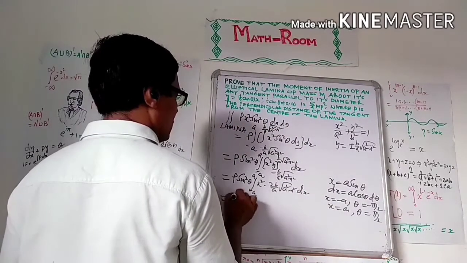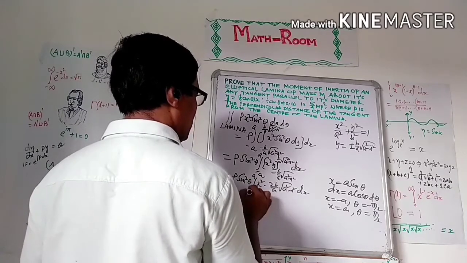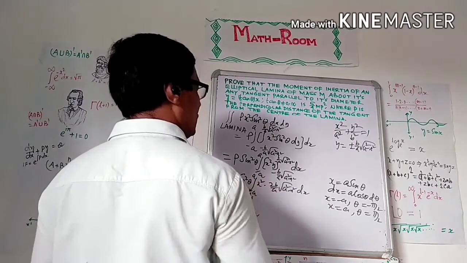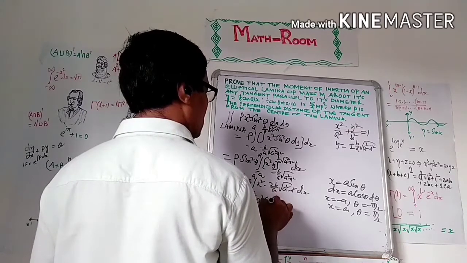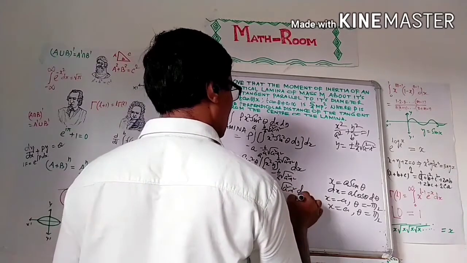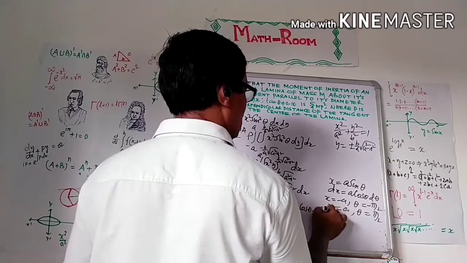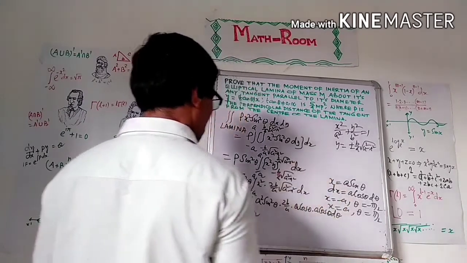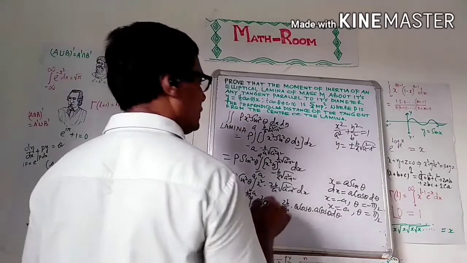So, rho sin square theta integral from minus pi by 2 to plus pi by 2 of a square sin square phi into 2b by a into a cos phi into a cos phi d phi.